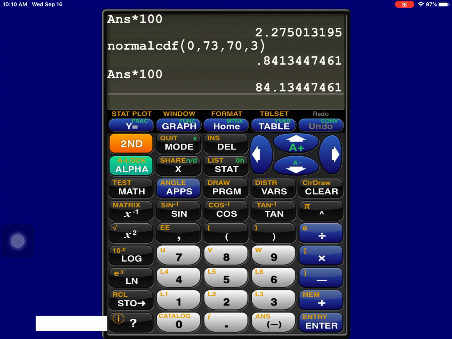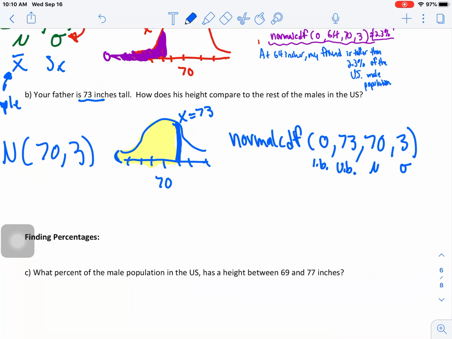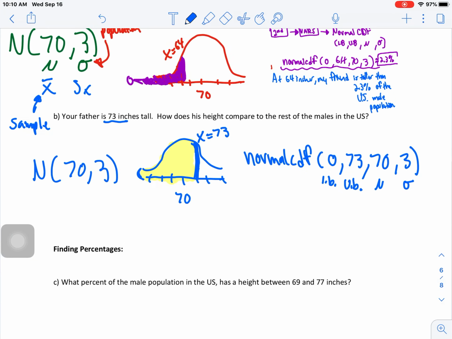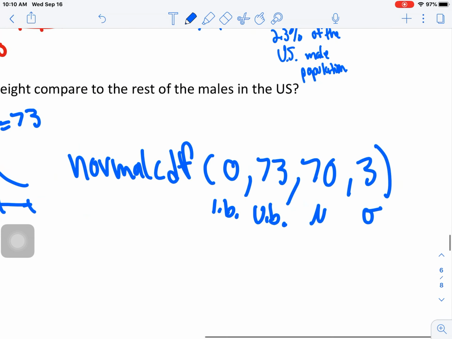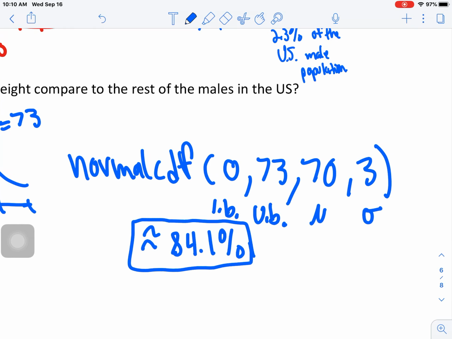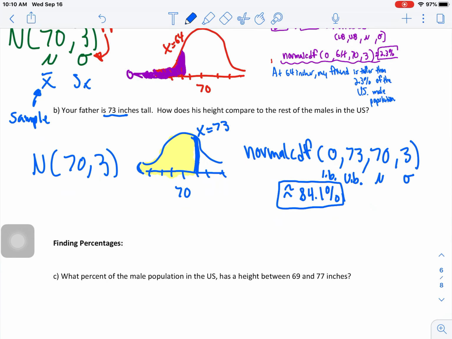So about 84.1%. And what does this mean? It means that our father, at a height of 73 inches, is taller than about 84% of the population.